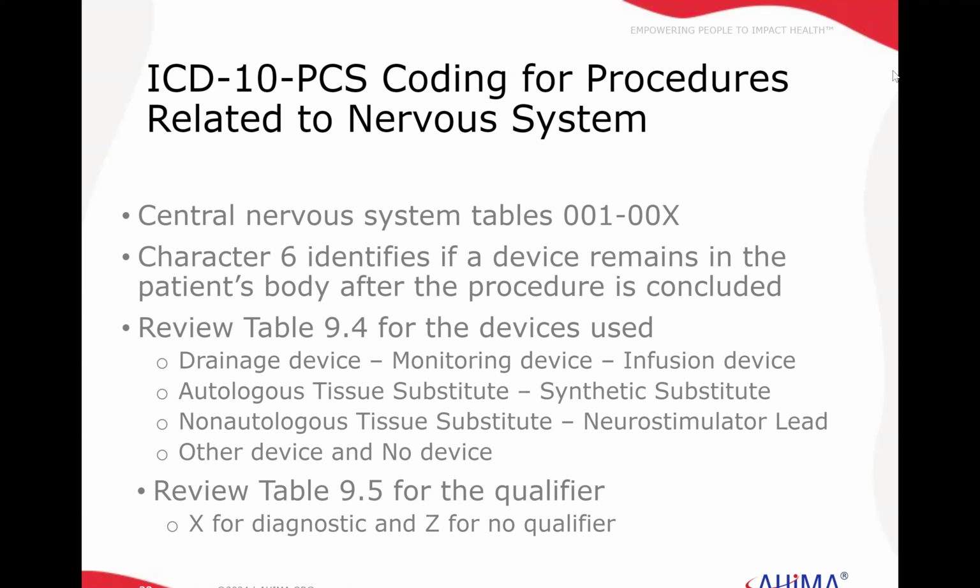And then we get into the qualifiers. Qualifiers, of course, give us different levels of detail in terms of the procedure. So in this case, we want to know whether it's diagnostic or Z for no qualifier.